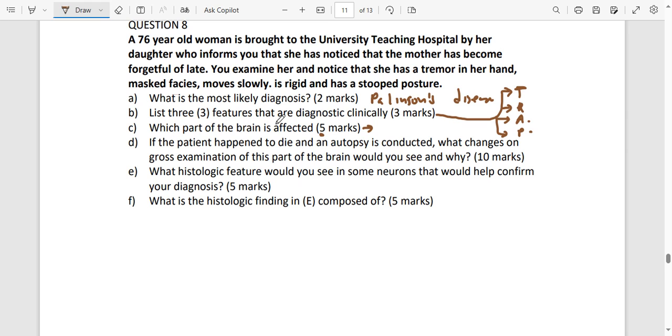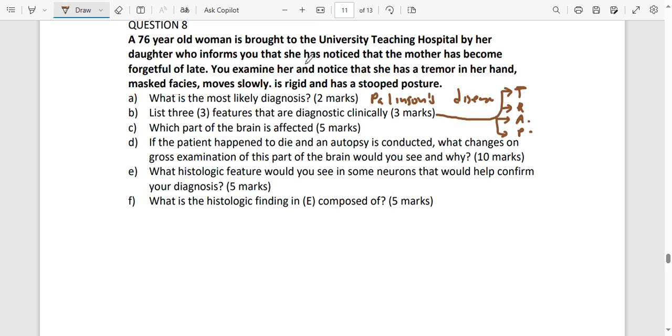I bet it will depend on how they discuss, but the one who was teaching the pathology part of this said that if you just mention any one of those parts where there is the neuromelanin, they'll mark.